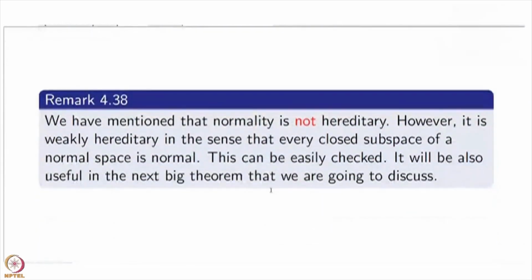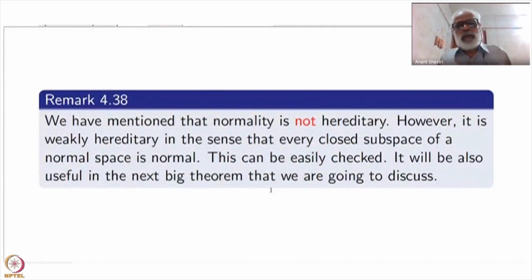So this comment also I have made, but I will repeat it. We have mentioned that normality is not hereditary. We have not proved it. However, it is weakly hereditary. Namely, every closed subspace of a normal space is normal. That's very easy to prove, because a closed subspace of a closed subspace is closed.